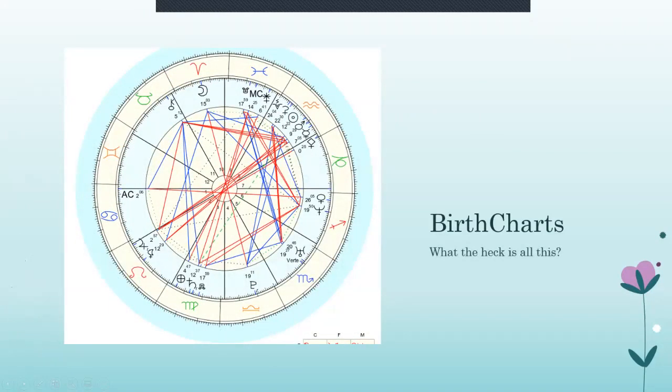So, birth charts. What the heck is all this? I want you to picture our galaxy, not the universe, because that's vast, our galaxy as a big old clock. Well, not a clock because the hours aren't the same. So, we'll say a circle. It's a big old circle. And what happens is at the moment our soul decides it's going to incarnate on earth, it discusses everything.